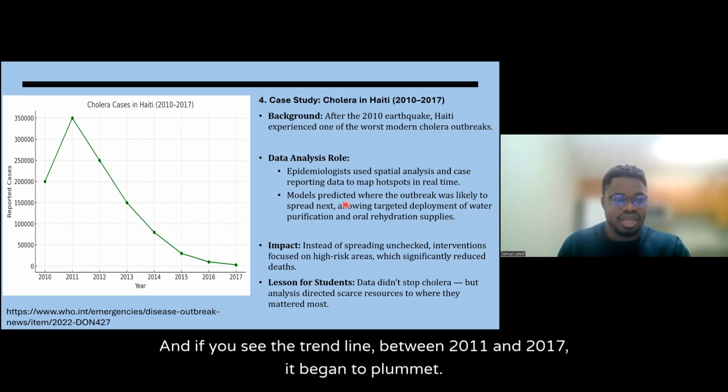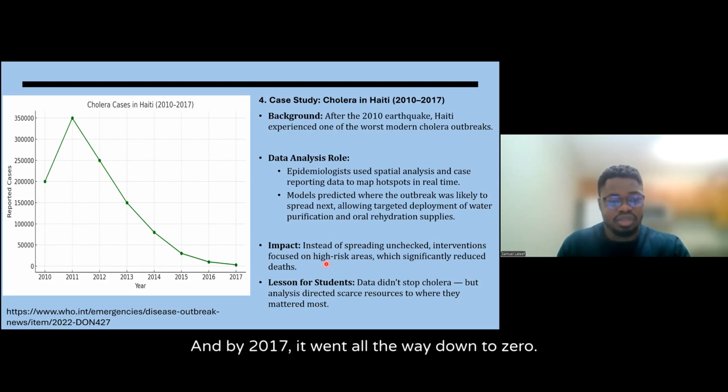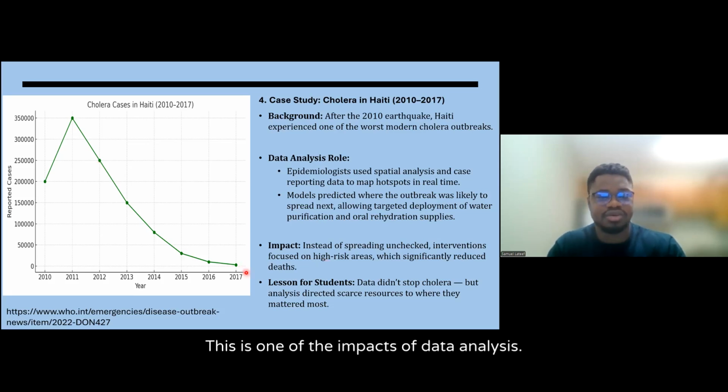And if you see the trend line, between 2011 and 2017, it began to plummet. And by 2017, it went all the way down to 0. This is one of the impacts of data analysis.